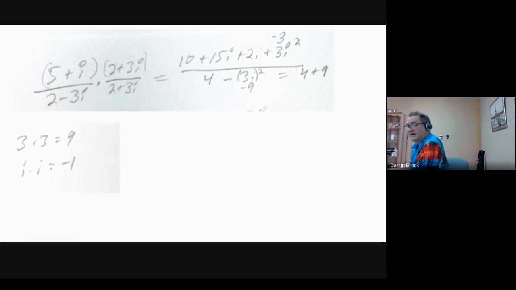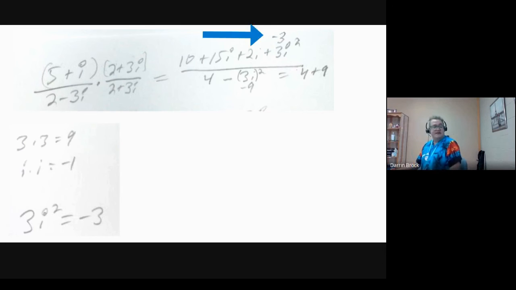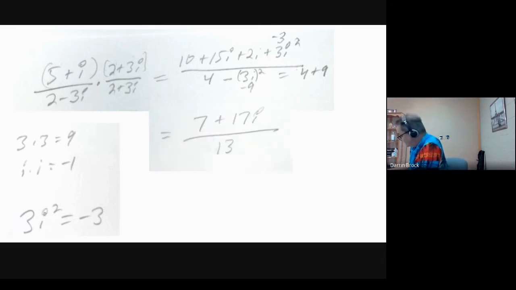Now we need to simplify the top as well. 3i squared is the same thing as negative 3, because this simplifies to negative 1 times 3. So we have 10 minus 3 is 7. And then we add the i terms together, and it's 17i. And on the bottom, we simplified to 4 plus 9, which is just 13.